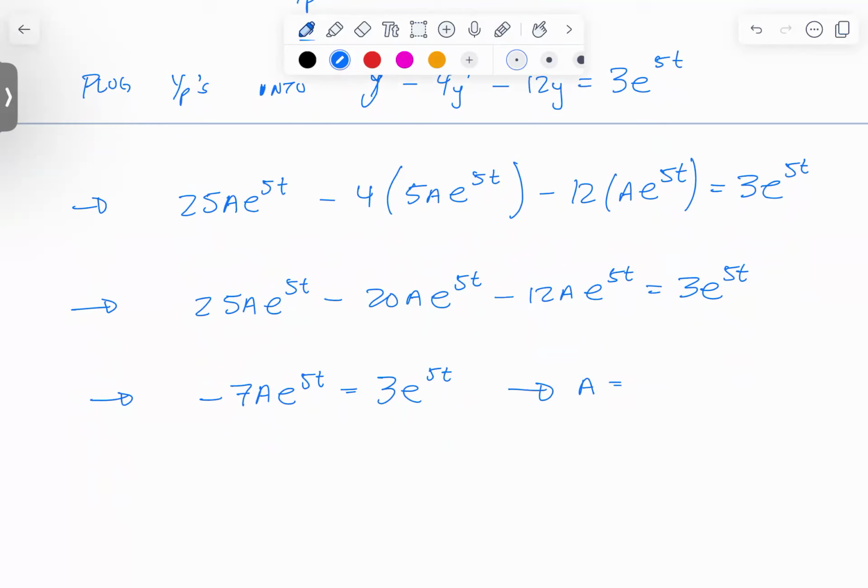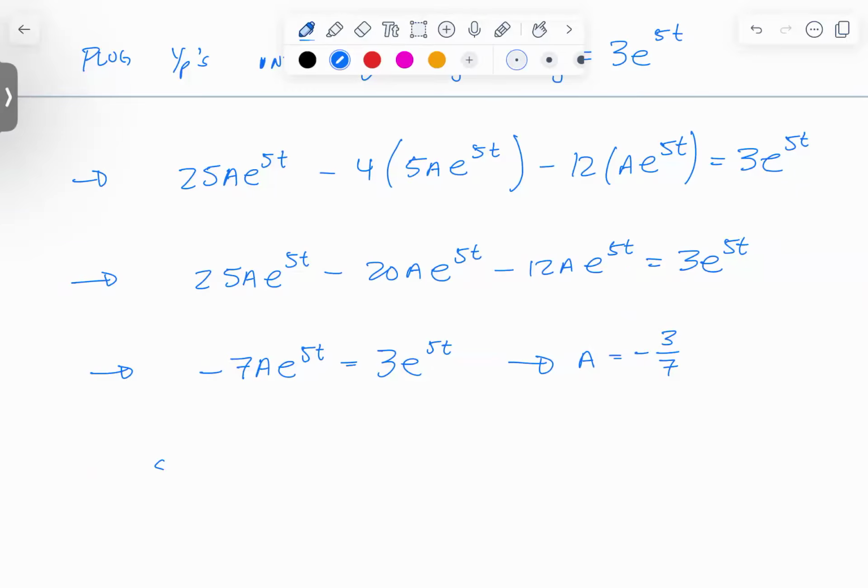right? So a equals negative 3/7. Which gives us our particular function.